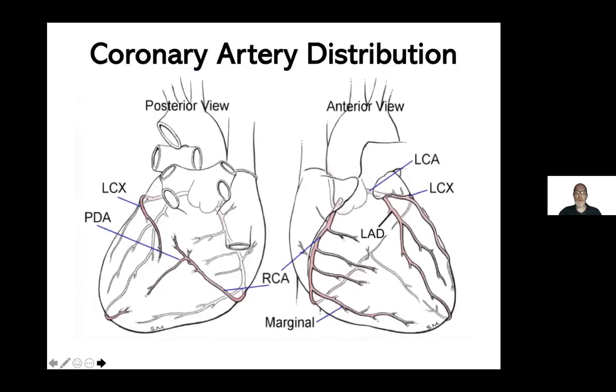Let's talk a little coronary artery distribution here for a second. So I'm looking at the image over here on the right, and you can see that right off the ascending aorta, and again, hopefully you can see my mouse cursor, you have the right coronary artery, and then you have the left coronary artery. Those arteries are literally off the leaflets of the aortic valve.